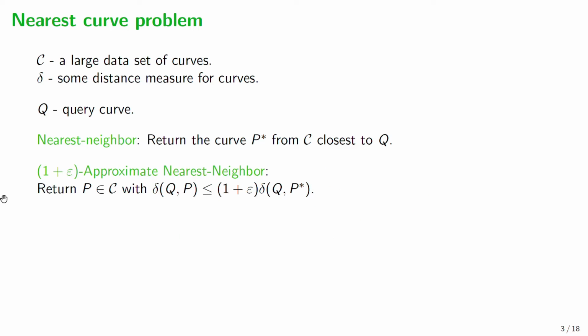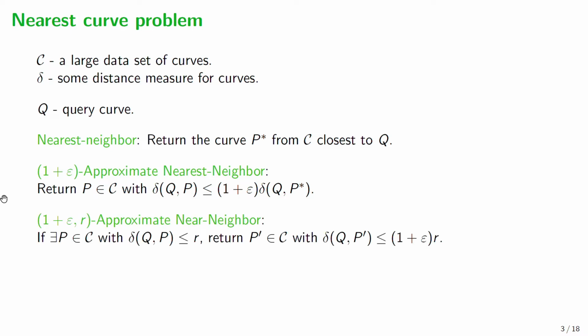We can also consider an approximation version of this problem, where the goal is to return a curve P within distance 1 plus epsilon times the distance to the nearest neighbor. To solve the approximation version, we can first consider a decision version of the problem, in which we are also given a distance parameter r.